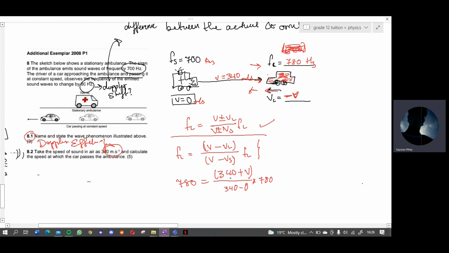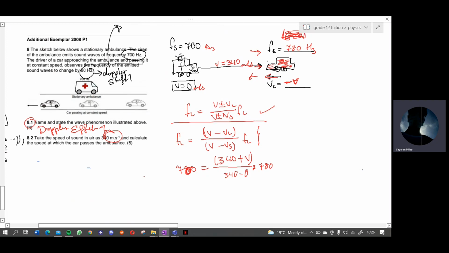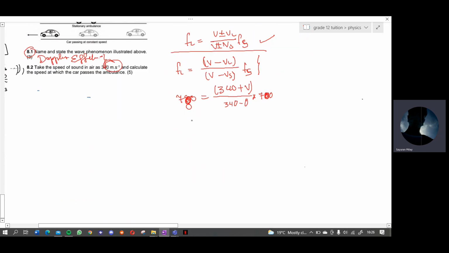Oh, I messed my equation up. This is going to be an S, so this is 700, and the observed frequency is 780. Yeah, that's fine. And now it's just basic algebra.